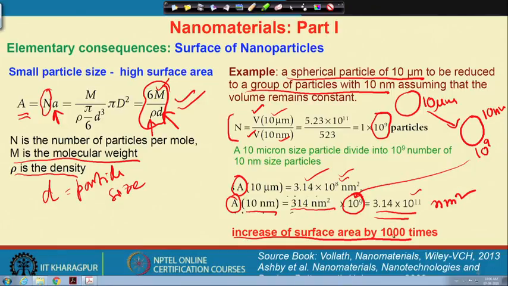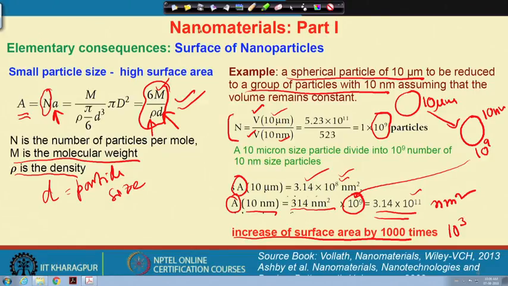This is really huge. Just the difference between a 10 micrometer and a 10 nanometer size particle increases the surface area by 10 to the power 3 times.